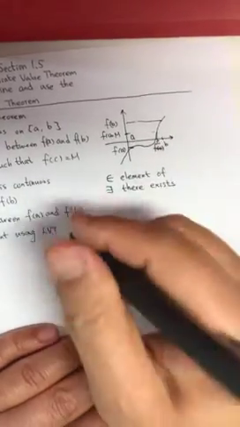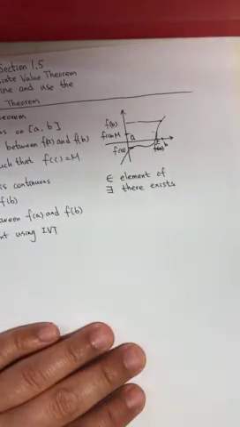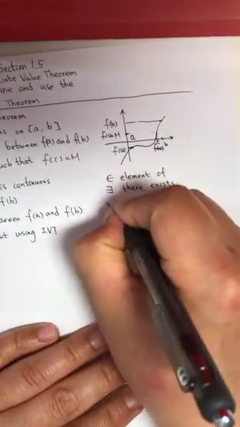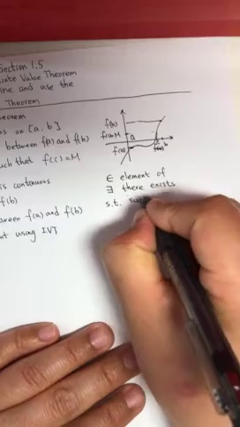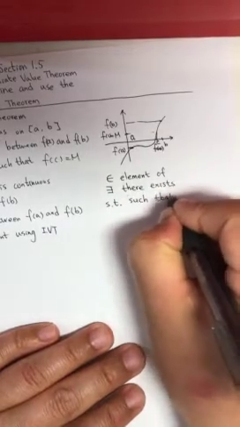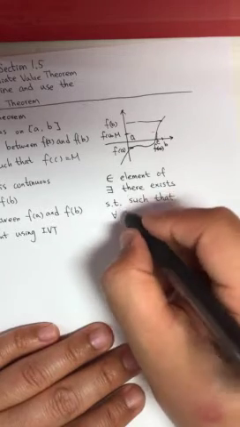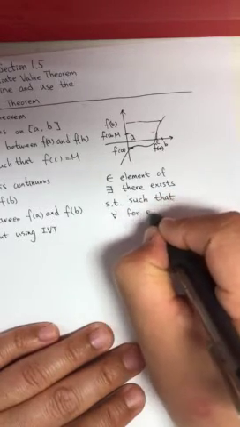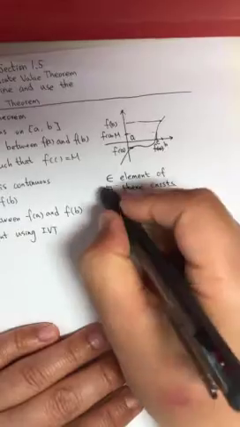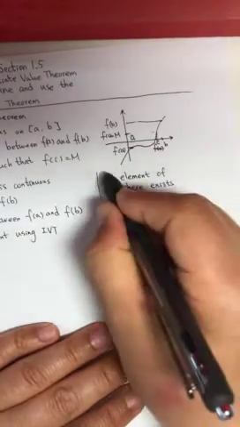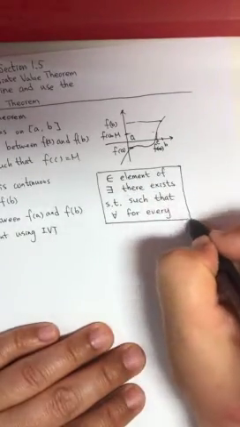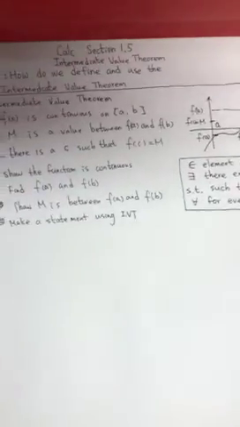The next one is ST. What does ST stand for? It's such that. And the last one is like an upside down A, which stands for every. So these are some shorthand symbols you're going to see for these particular sections.